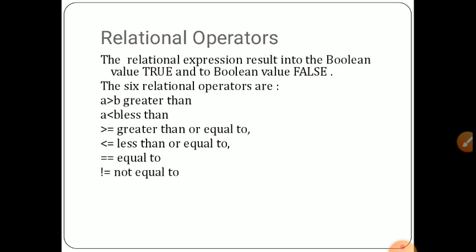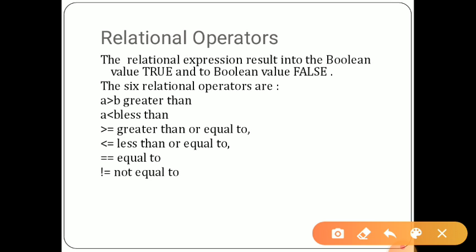There are six relational operators supported by Python: greater than, less than, greater than or equal to, less than or equal to, equal to, and not equal to.